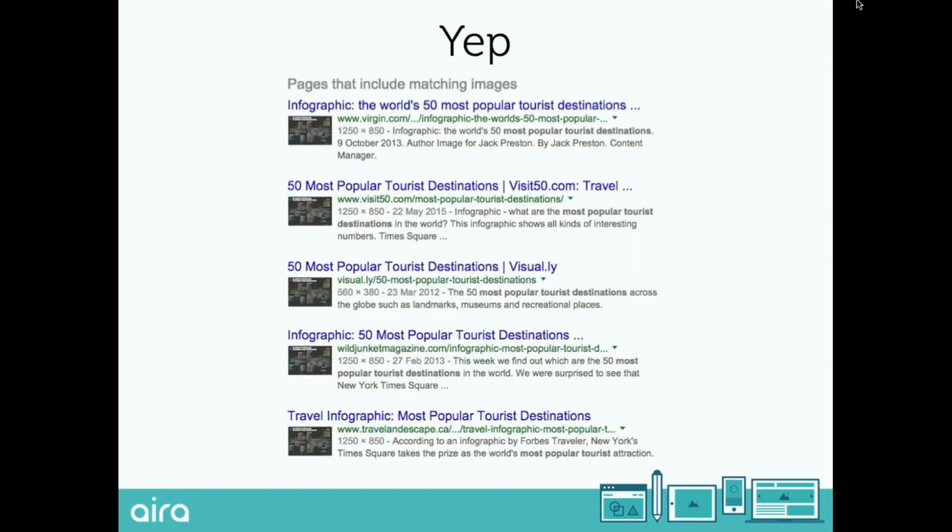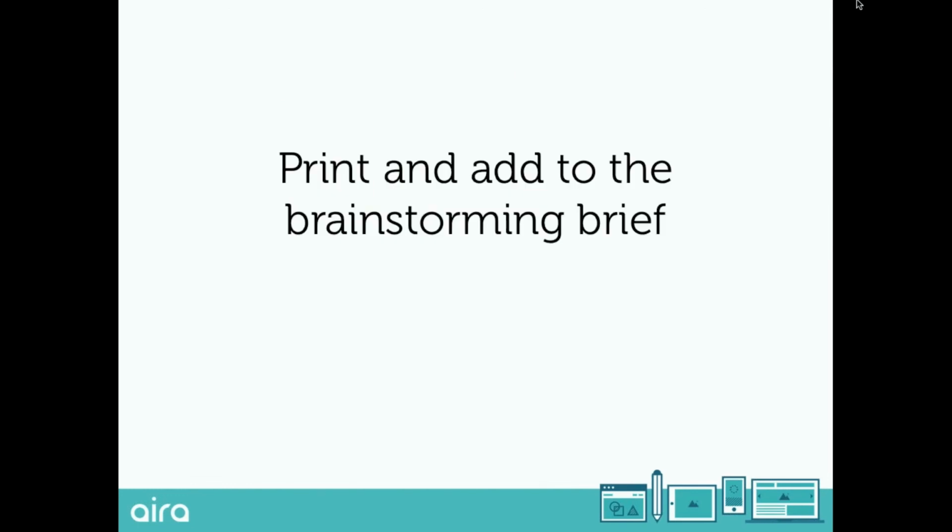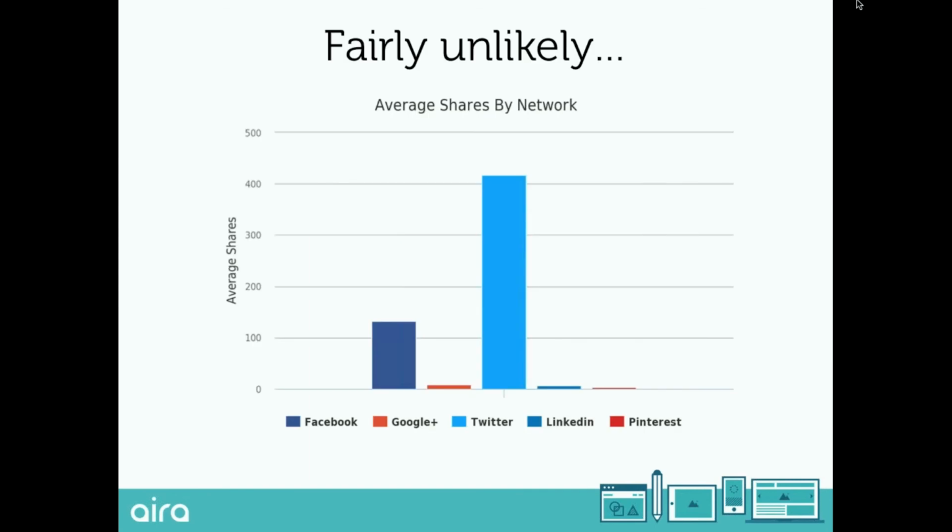If your client or your boss says to you, I want 10,000 Facebook likes and 500 links per content piece, and I've just picked those numbers out of thin air, you can say to them, well, actually, that's not very realistic because the data is showing us that the average number of shares in our industry or from our competitors is, in this case, about 120 Facebook shares. So them wanting 10,000 probably isn't going to be that likely. So we can bring their expectations in line with what's average in industry.